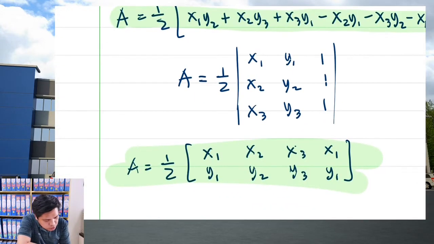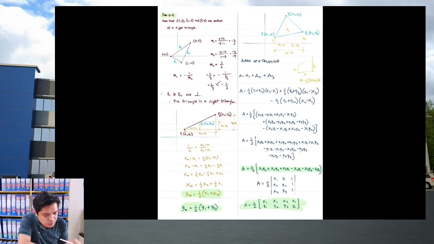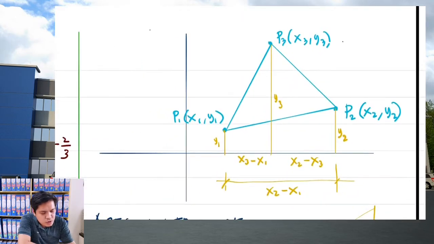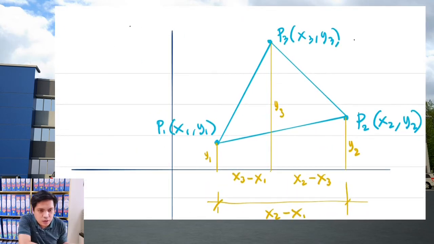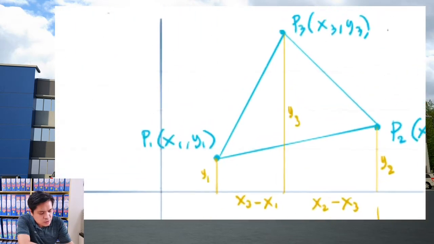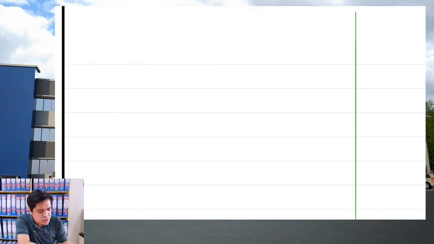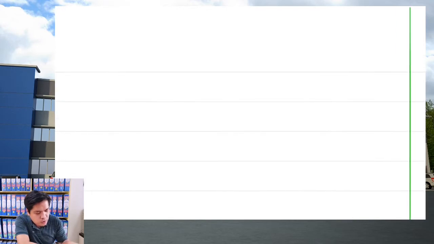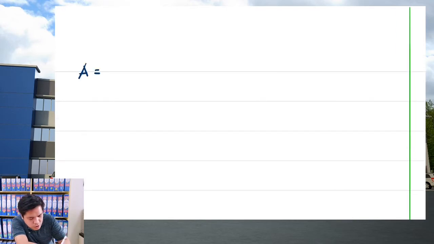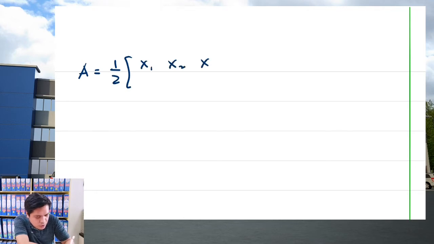Now, this formula, we could generalize this to get the area of any closed figure sa Cartesian. Okay, pwede natin siya extend. So, kahit di siya triangle, pwede natin makuha yung area using this formula or this method. So, kung i-generalize natin, that would be 1/2 times x1, x2, x3 up to x sub n, then babalik tayo sa x1.